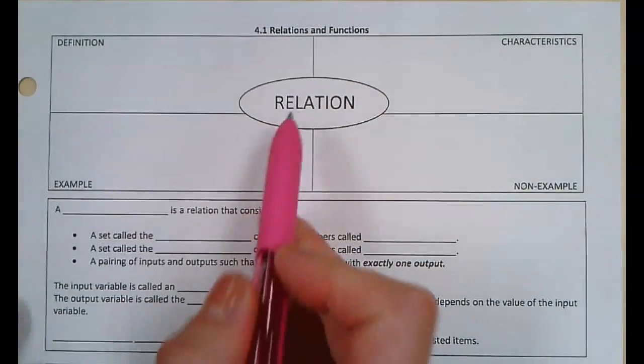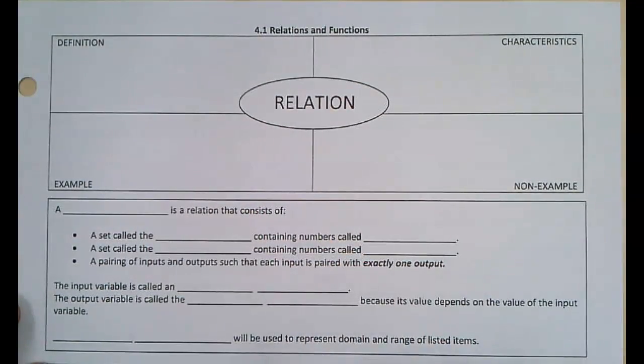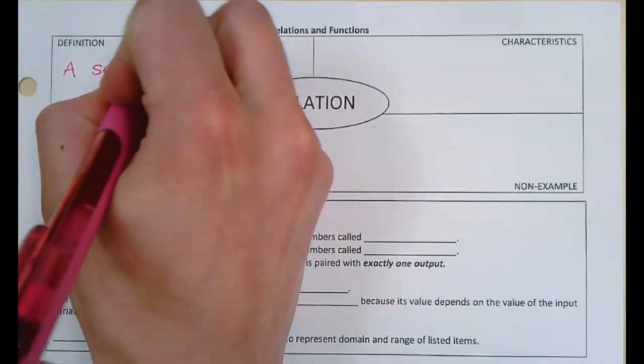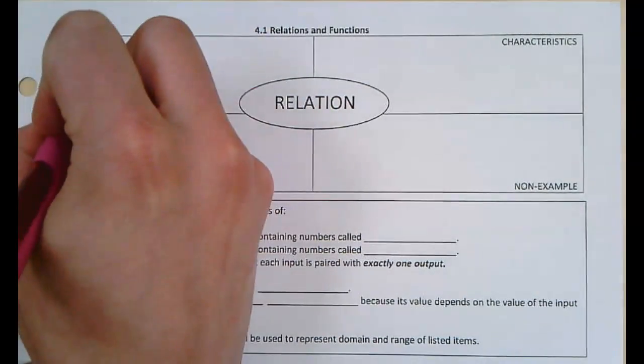So starting with relation, our definition for a relation is basically just a set of ordered pairs.